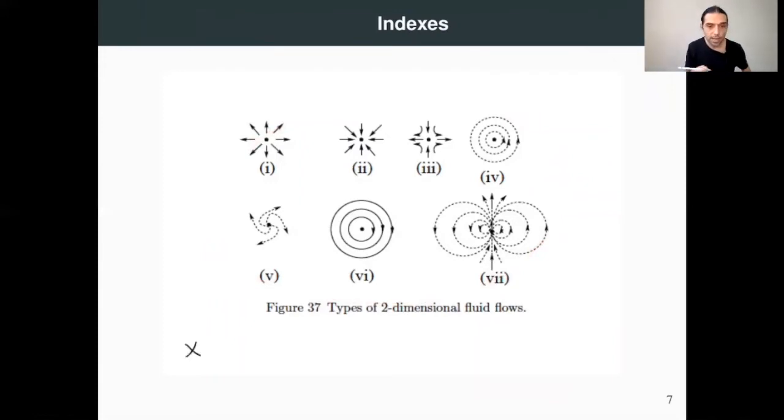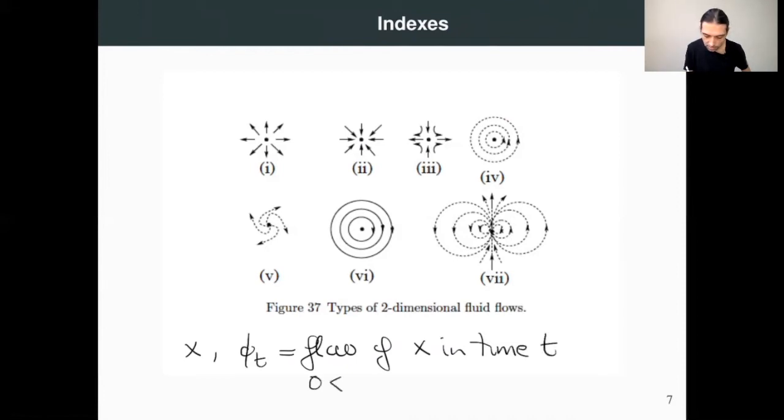If we have a vector field X, we are going to consider phi_t, the flow of X in time t. And we are going to assume that t is positive and very close to 0.